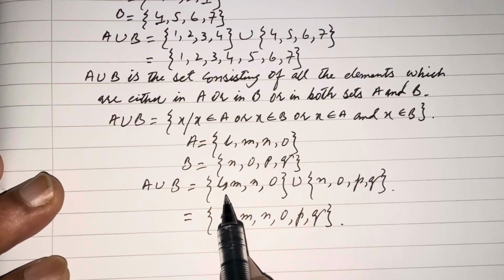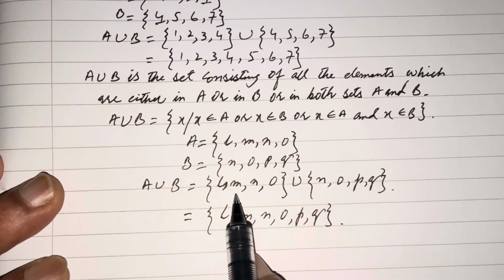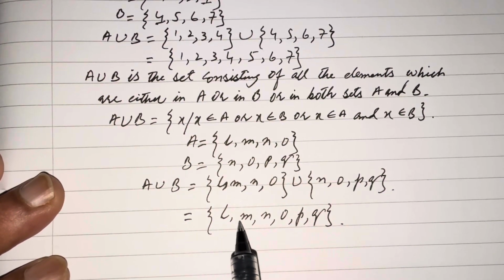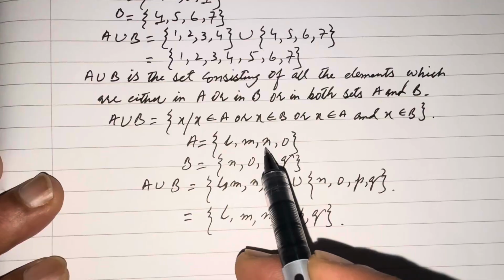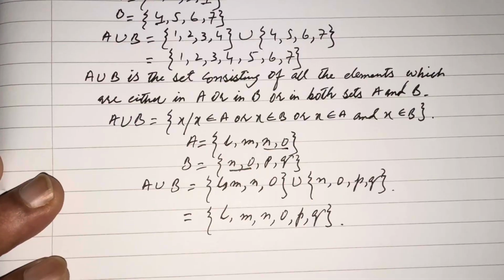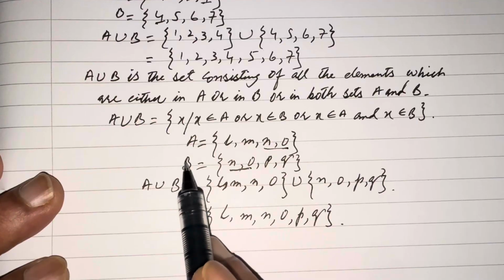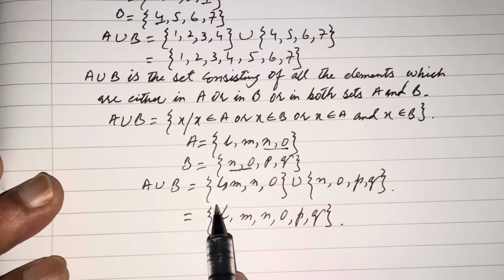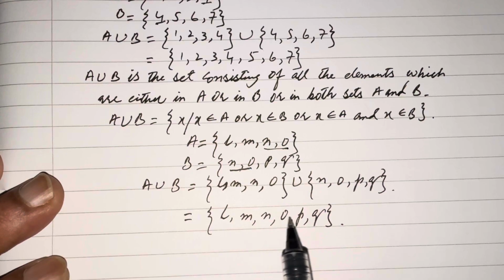If you see, two elements of set A are also present in set B, but when we find the union of these two sets, these elements cannot be written twice. So the A union B set will be written as L, M, N, O, P, Q.